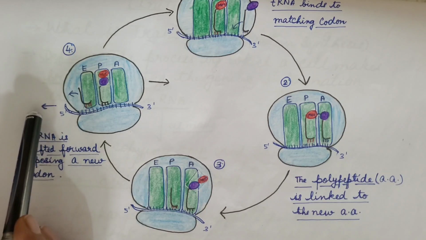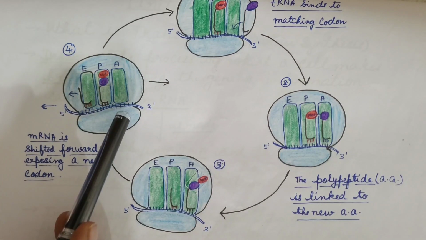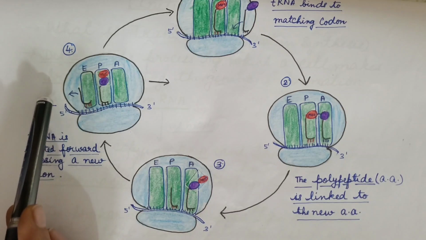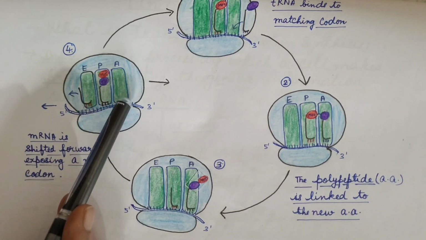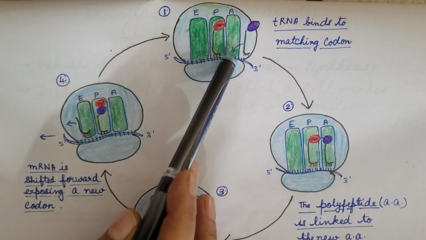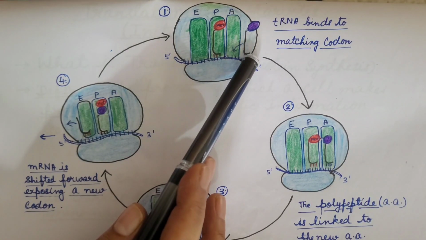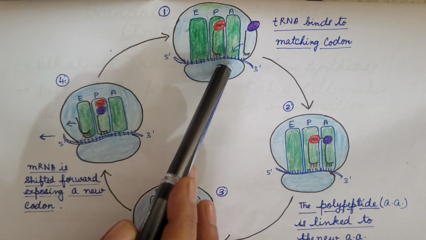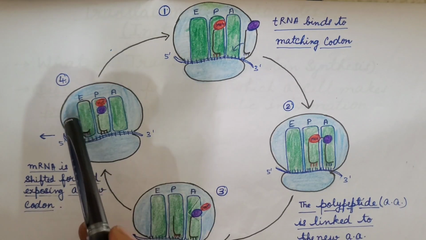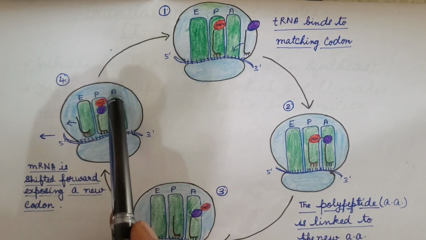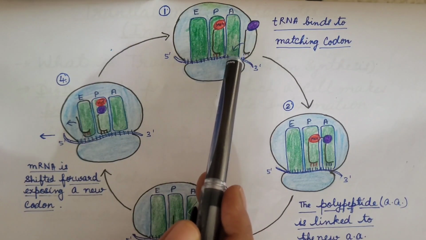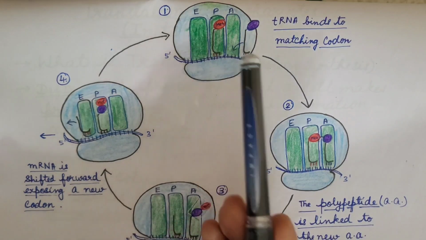And technically, we can say that messenger RNA is shifted in this direction and exposes a new codon to the A site. Now the A site is empty and it is ready to receive the next aminoacyl transfer RNA. This deacylated transfer RNA exits from the E site.